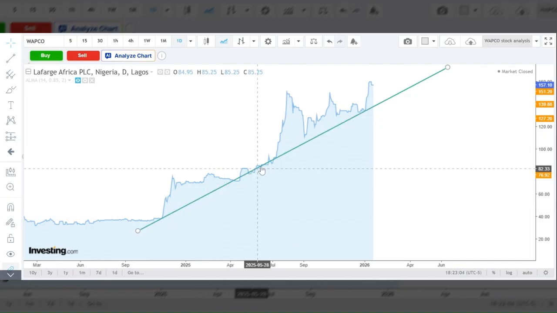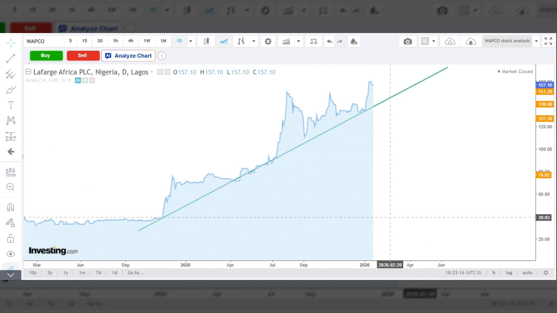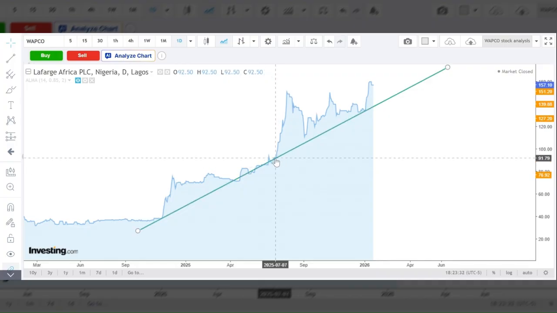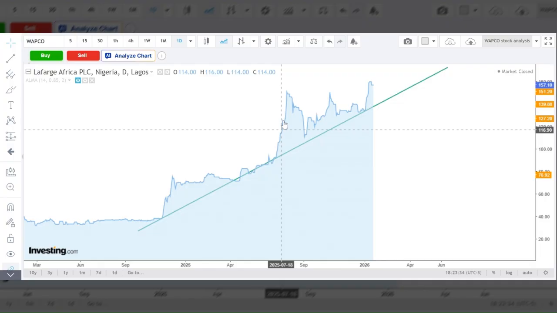It actually touched here, but this place was like a support and resistance area, so it did not really go down or break it too much. It was giving signals of going on an uptrend again. Then it touched here too. So this is the second spot it touched to go up again.